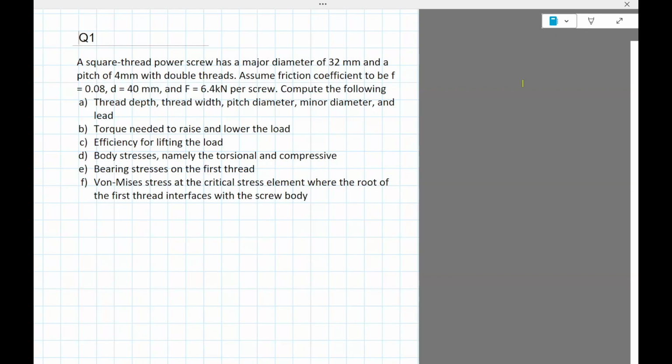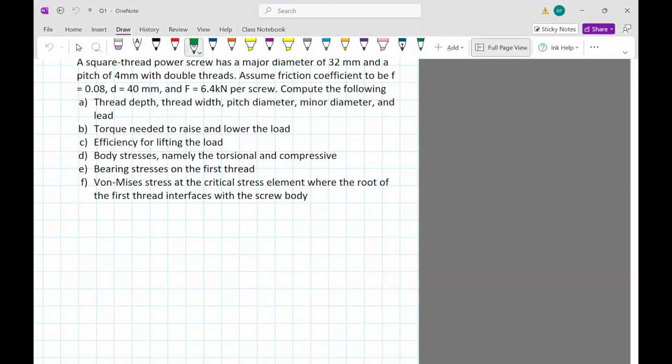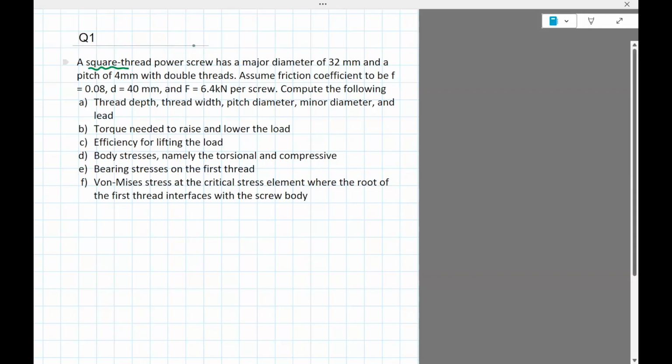So here is a problem we'll solve. A square threaded power screw has a major diameter of 32 millimeters. So D is 32 millimeters, with a pitch of 4 millimeters. So it's double threads.